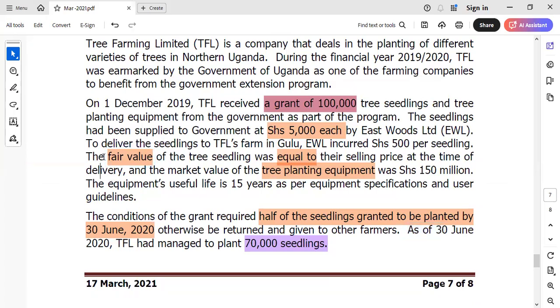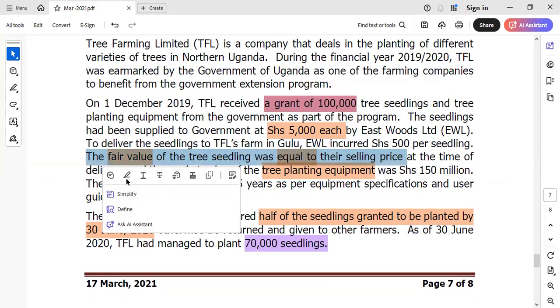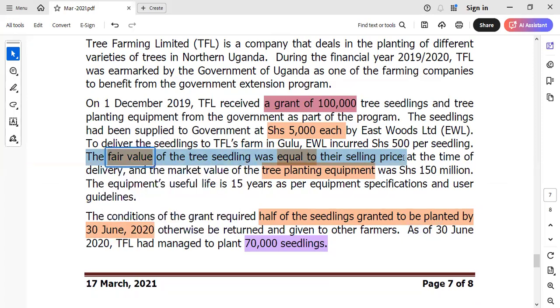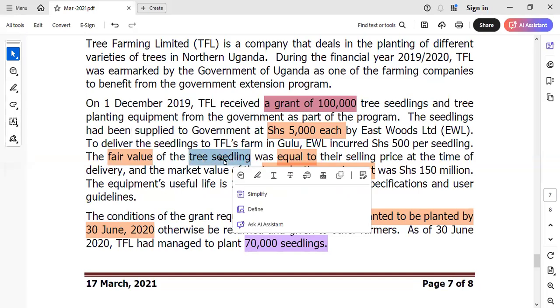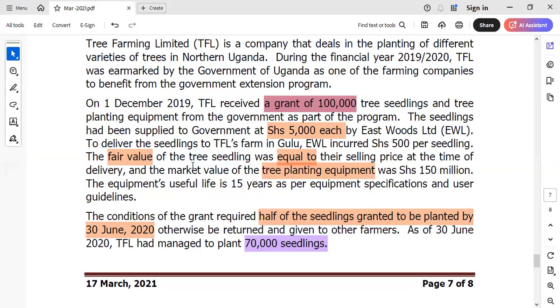The fair value of the tree seedlings were equal to their selling price. Remember, here we don't consider the selling price. For us, we look at the fair value. What is the fair value of the tree seedling at the time you're receiving that biological asset? Now for transaction number 2, we need the tree planting fair value.